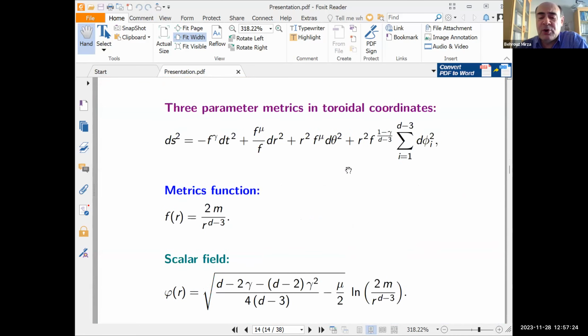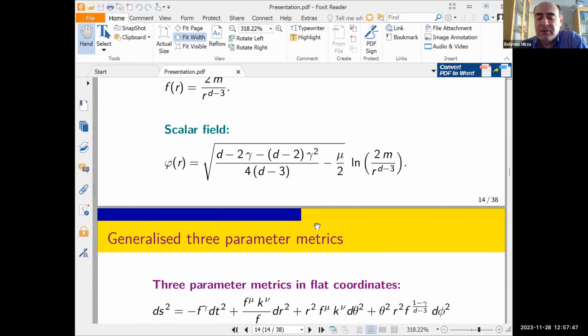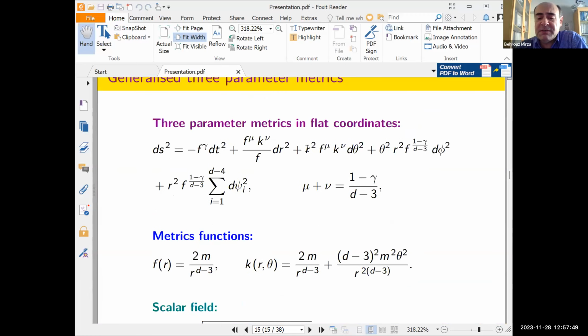And for higher dimensions, we don't have a solution in normal spherical coordinates or Boyer-Lindquist-like coordinates. The only solution we found in higher dimensions has a kind of toroidal coordinates, as you see here, and flat coordinates that we can write as psi, phi, and theta as follows.